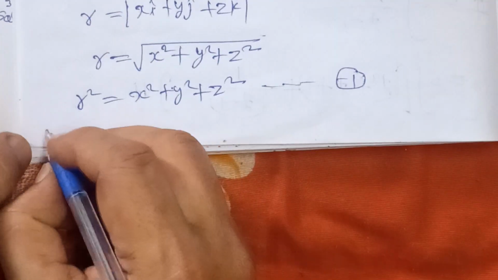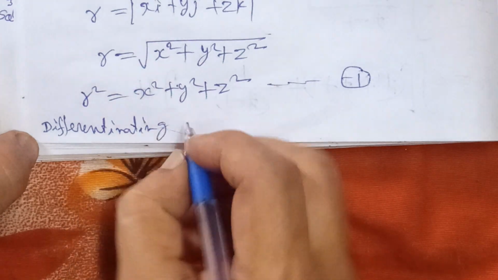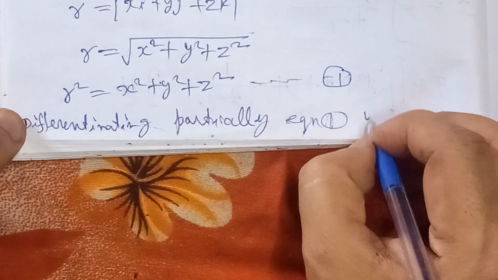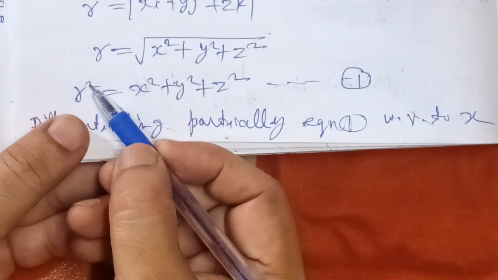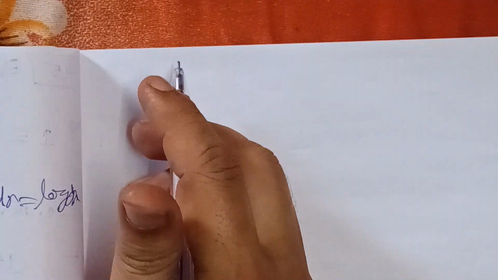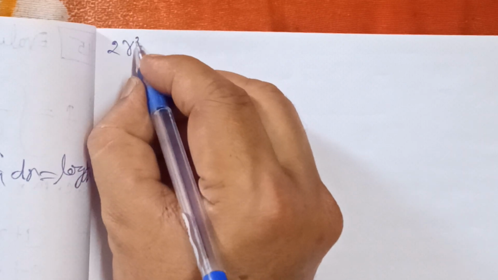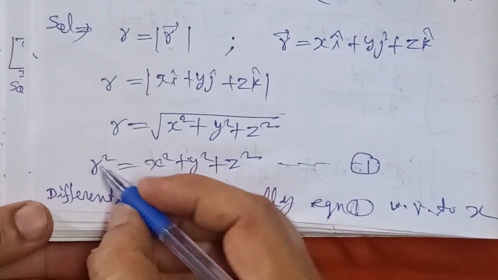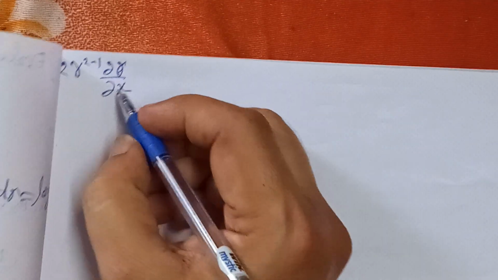Differentiating equation 1 partially with respect to x: on differentiating r square, the power 2 will go in multiply with r to the power 2 minus 1, because the power is reduced by 1, but it is not x, so differentiate r with respect to x partially.